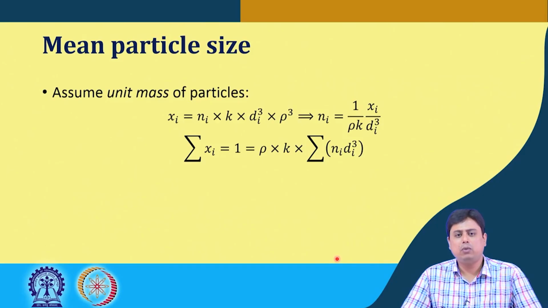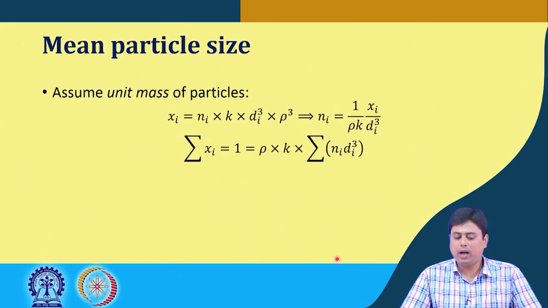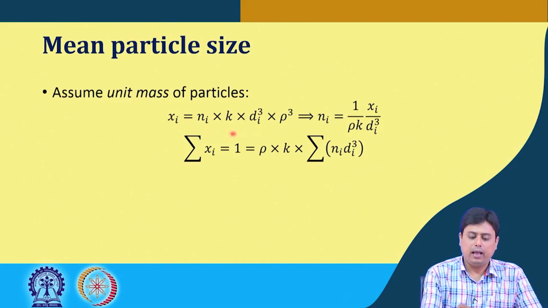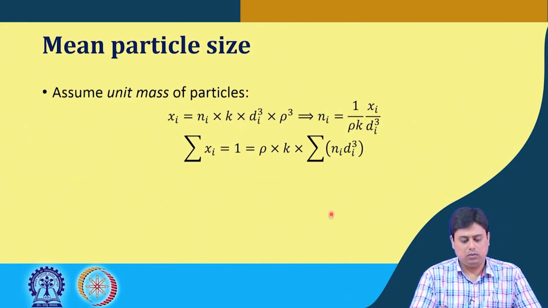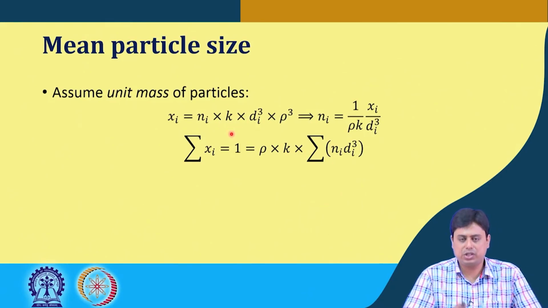Let us say you have a size 1 particle that has a mass fraction of x1. So, x1 is nothing but the number of particles n multiplied by k d cube, where k is a constant that depends on the shape of the particle.